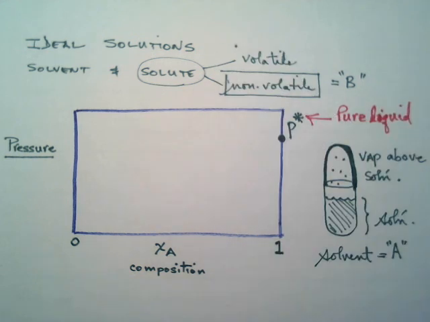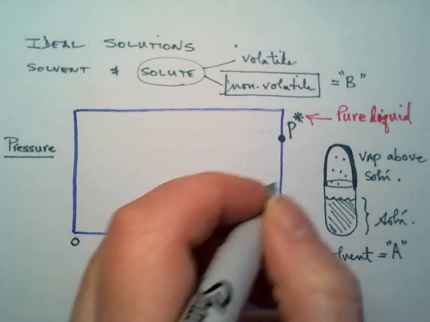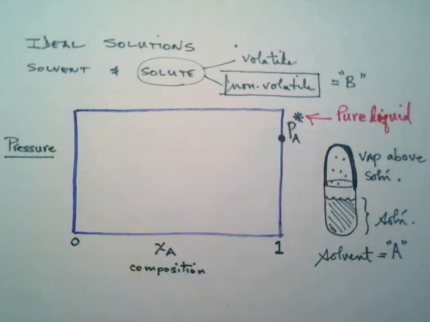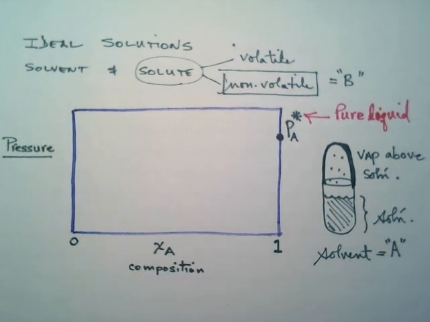Okay, that star indicates pure, and so this is pure A. All right, and I know that it should be 0 down here.